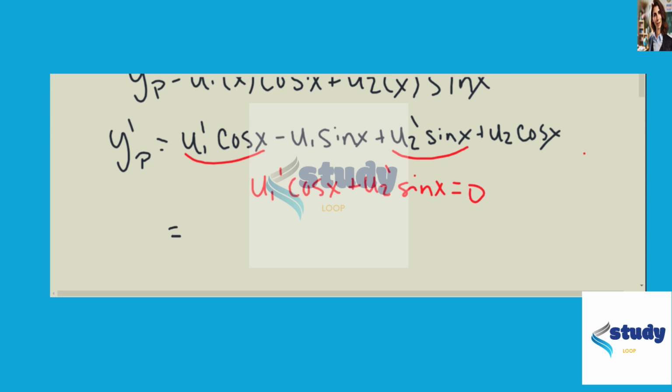So we have minus u1 sine of x plus u2 cosine of x for the first derivative of our particular solution.